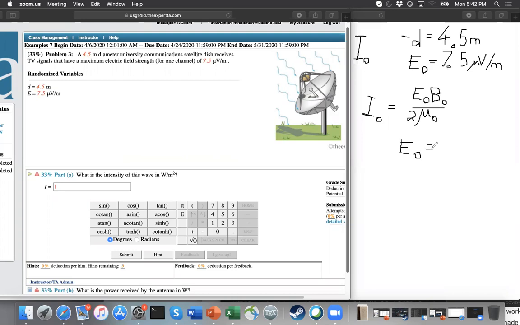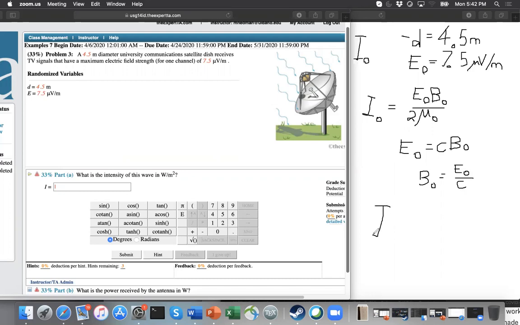E naught is C times B naught, which means B naught is E naught over C. We know what E naught is. It's 7.5 microvolts per meter. And we know what C is. That's another one of those fundamental constants.